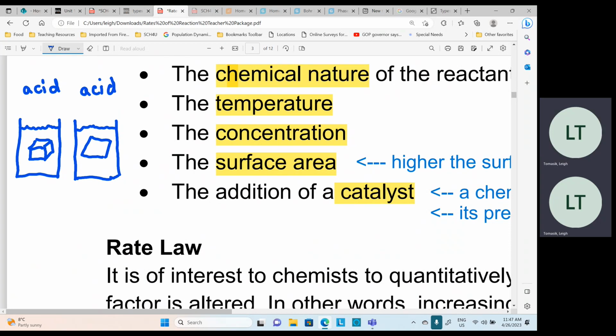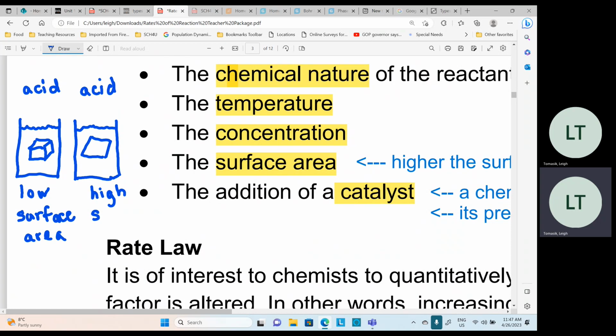So the sheet actually will react faster. The block has a low surface area, and the sheet has a high surface area. So what that means is that for two things to react, they have to come in contact with one another.